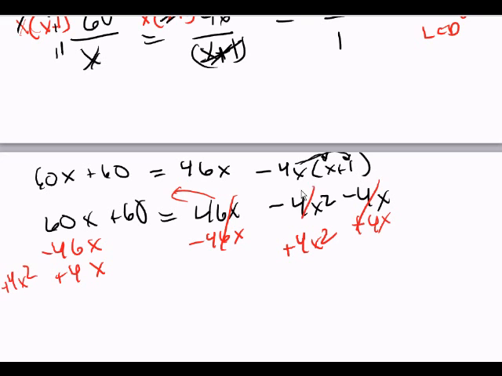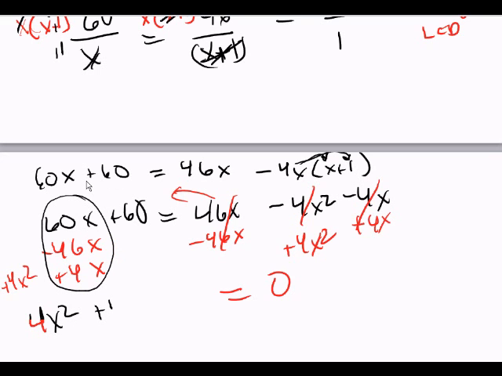And I want a plus 4x squared over here too. We're left with 0. On this side, I have 4x squared plus, okay, add all these together. 14 and 4. I think that's 18x.